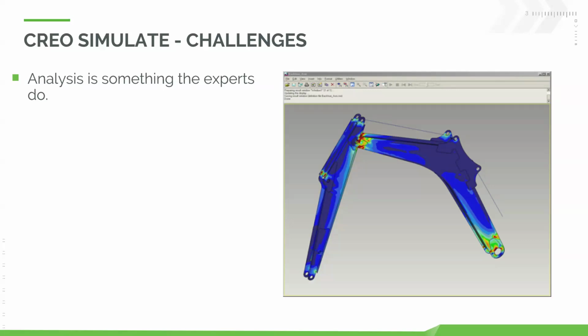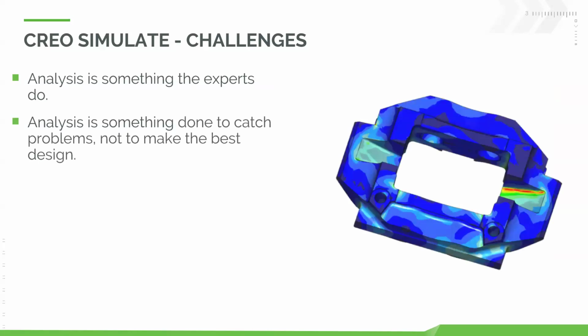Then they run their analysis, and if they find a problem, there are a lot of issues around that too. Depending on how big the problem is or what needs to be fixed, sometimes they go in and try to fix that themselves in the analysis tools. A lot of analysis tools allow you to do that, but what they're fixing is a neutral file.